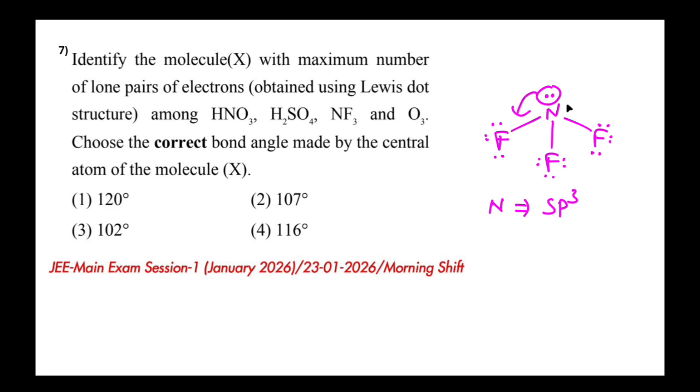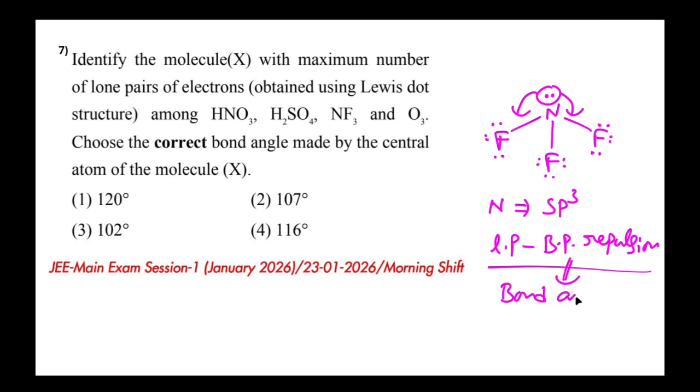Here lone pair, bond pair repulsions arise. Because of these lone pair, bond pair repulsions, the bond angle decreases. So the bond angle of the NF3 molecule is 102 degrees.